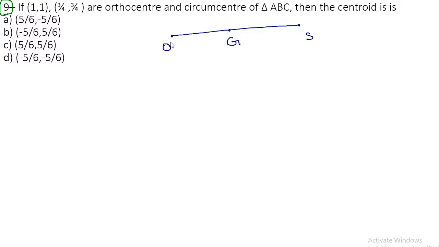We need to know the theorem that the centroid G divides the orthocenter and circumcenter in the ratio 2:1. The orthocenter is 1 comma 1 and the circumcenter is 3 by 4 comma 3 by 4, and m is 2 and n is 1. So now I think you can find the coordinates of the centroid easily by using the section formula.